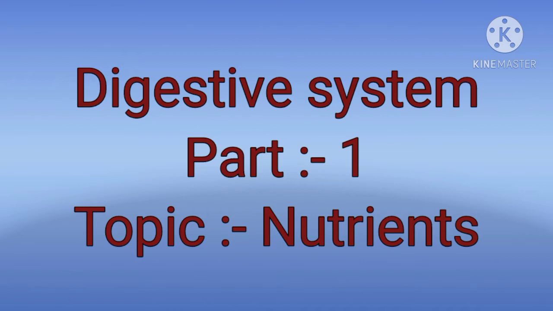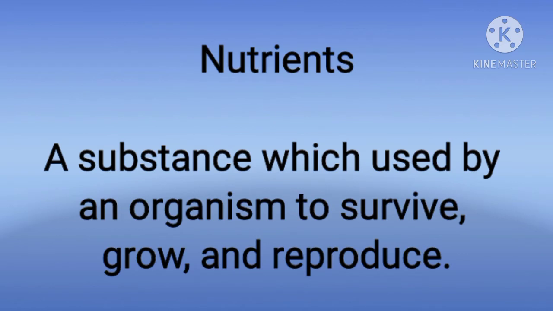Before we study the human digestive system, it is necessary to understand nutrients. So, what do you understand by nutrient? A nutrient is a type of substance which is used by an organism to survive, grow and reproduce.